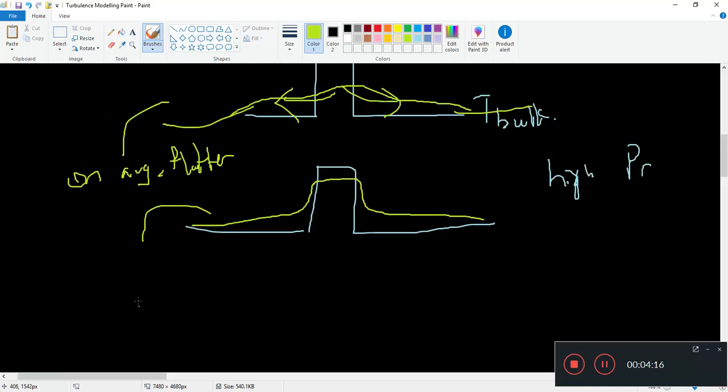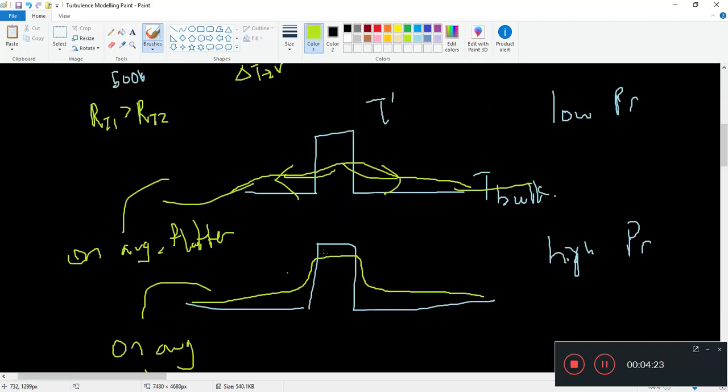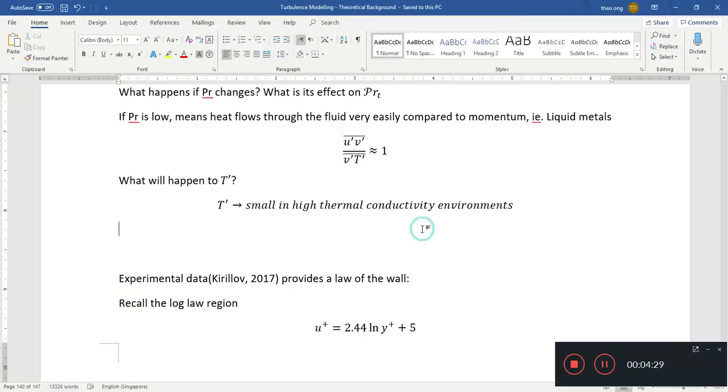So T prime tends to be bigger in high Prandtl number fluids, or smaller in low Prandtl number fluids.